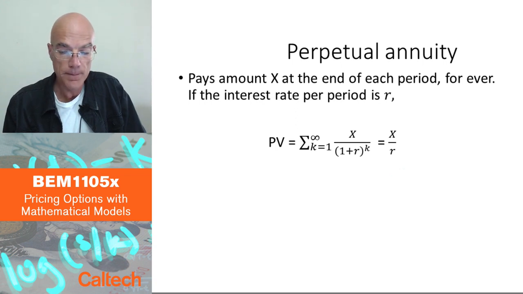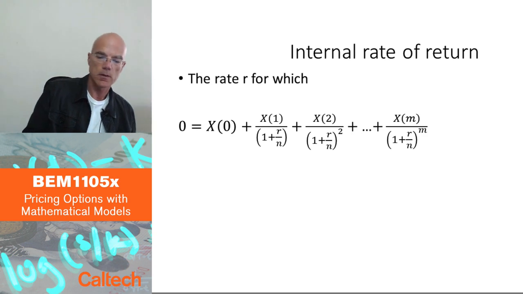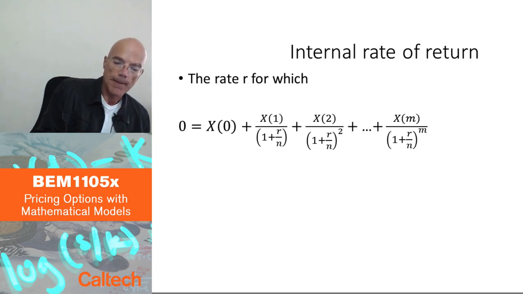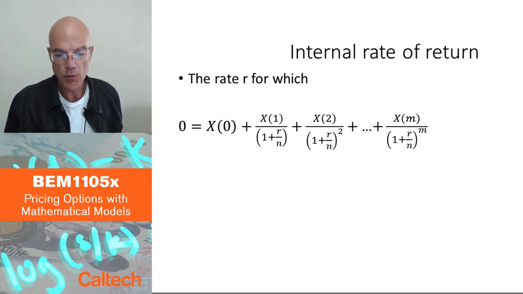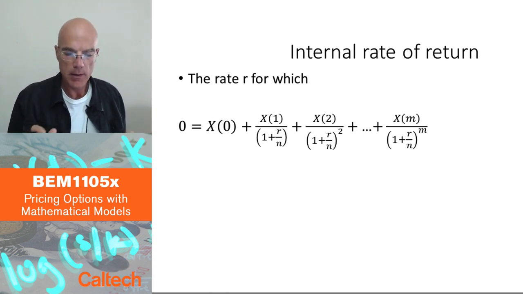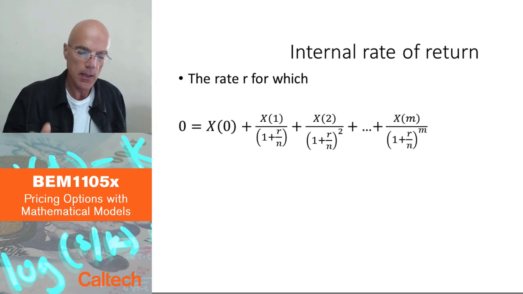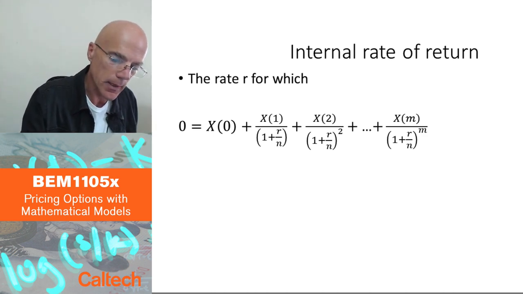Going further. All right, let's finish with this. This is called internal rate of return. So imagine you have a sequence of payments, x0, x1, x2, up to xm, and at least one of them is negative. Some are positive, some are negative. Typically, x0 is going to be negative.